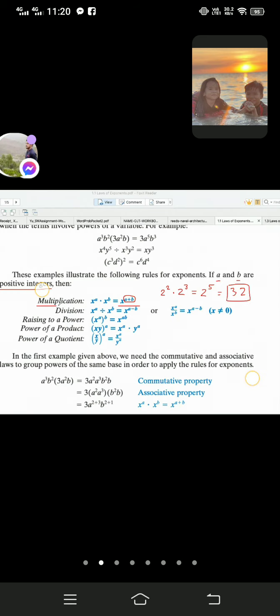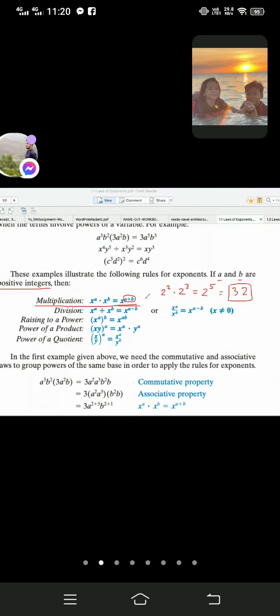32. Oh, that's 32. Then we have to check this 32, if we did it correctly, so we have to justify that this rule is correct. So we have to simplify. 2 squared is 4.